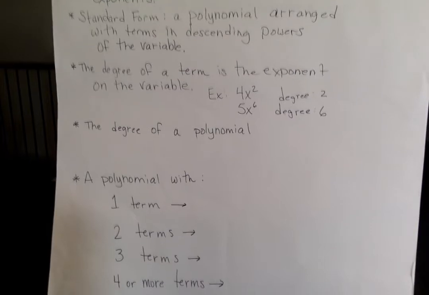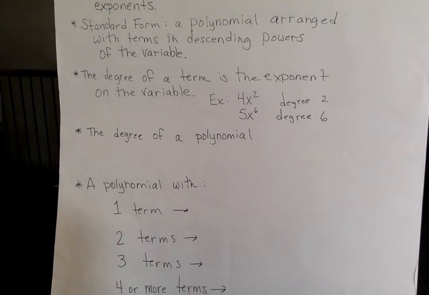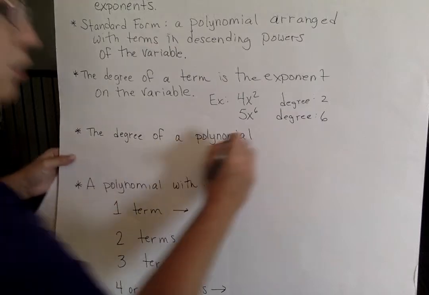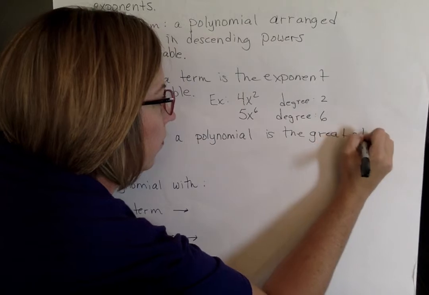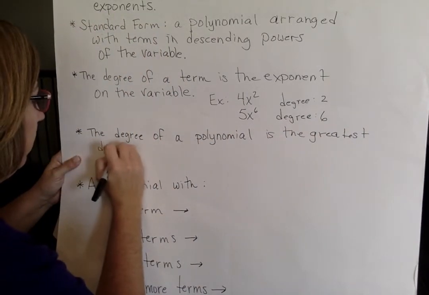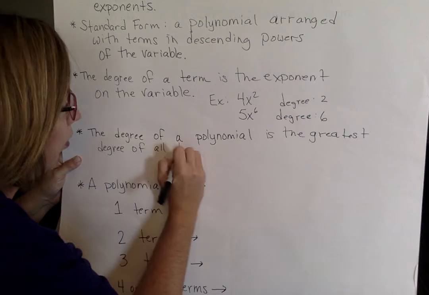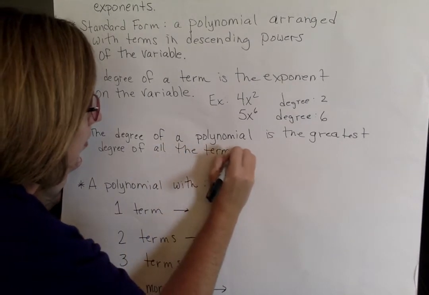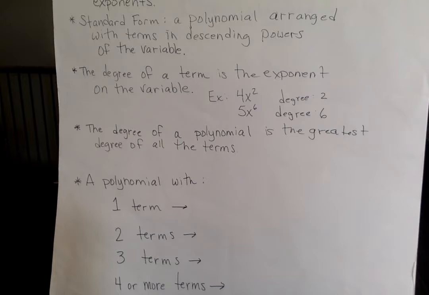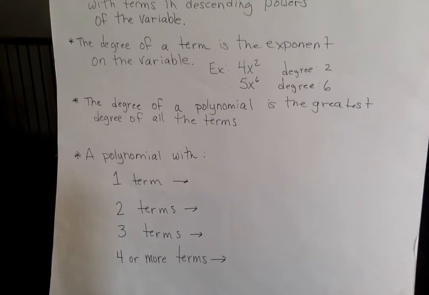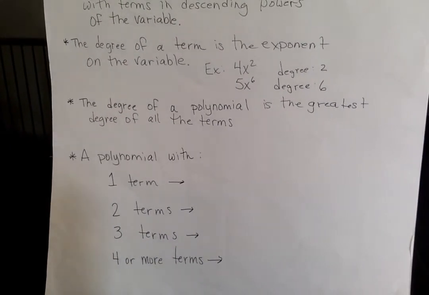Next, we have the degree of a polynomial in general, of the entire polynomial. Okay. So the degree of a polynomial is the greatest degree of all the terms. So when you look at all the terms, whichever one has the highest degree is going to also be the degree of the polynomial.